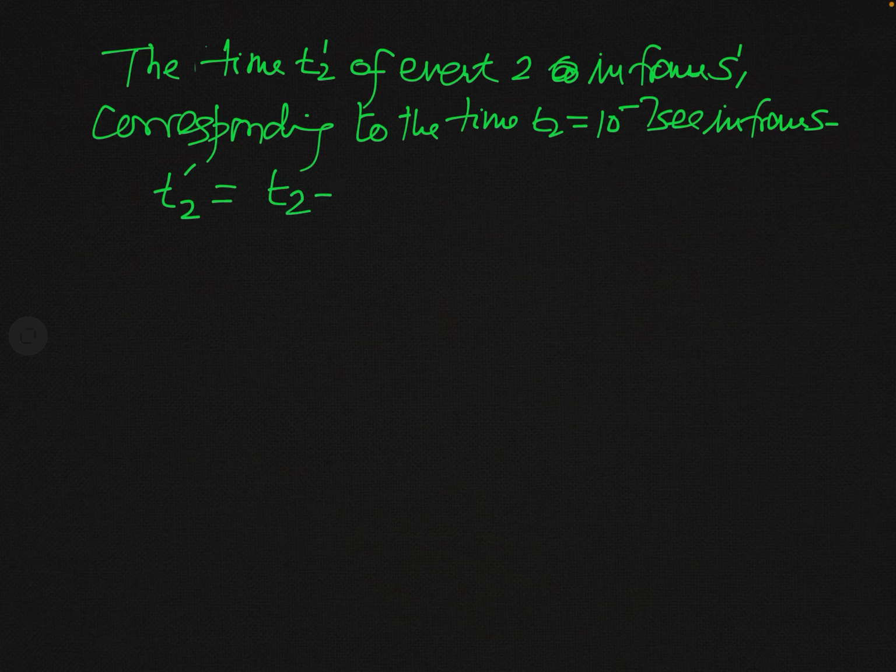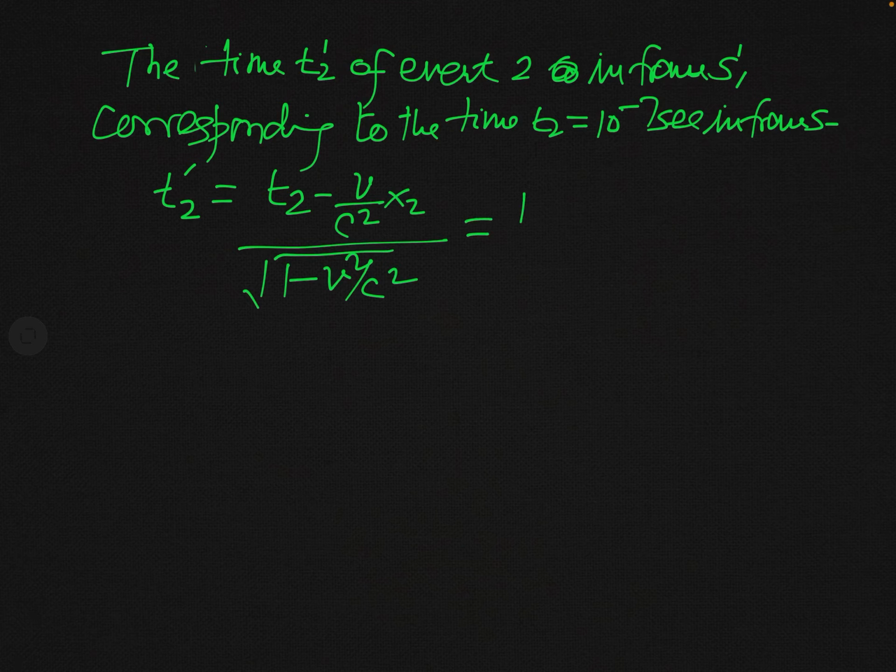T2 prime will be equal to T2 minus V over C square into X2 divided by the square root of 1 minus V square by C square.